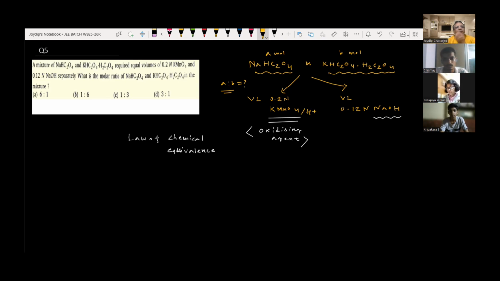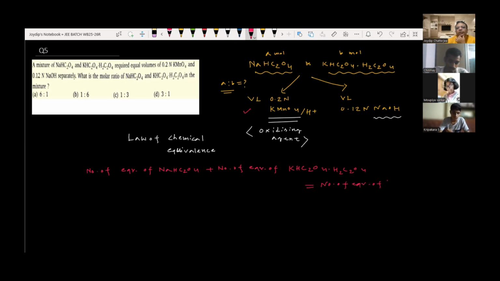So according to this law, for the reaction with KMnO4 first, number of equivalents of NaHC2O4 plus number of equivalents of KHC2O4·H2C2O4 equals number of equivalents of KMnO4.